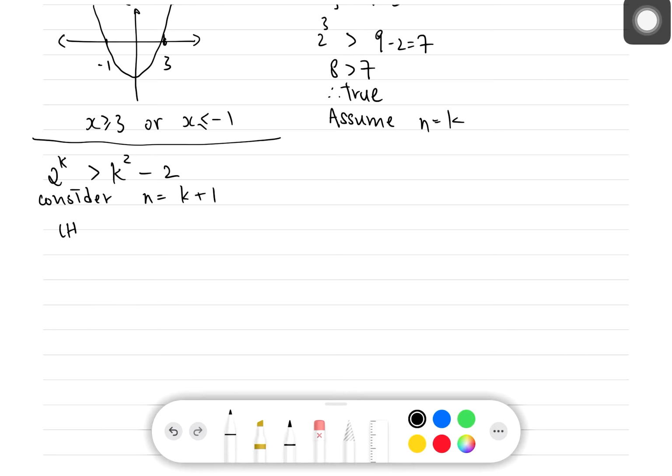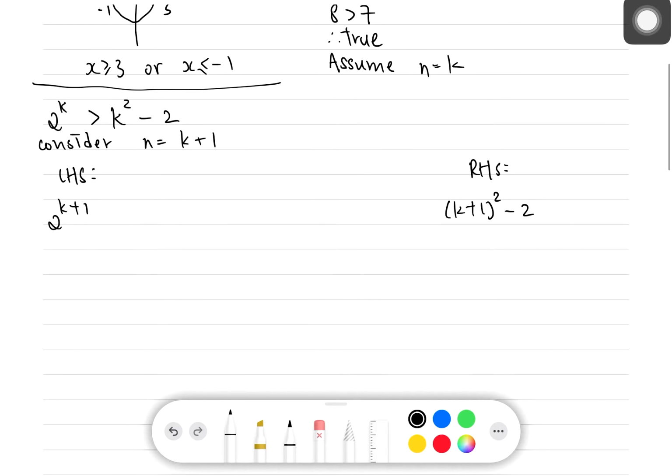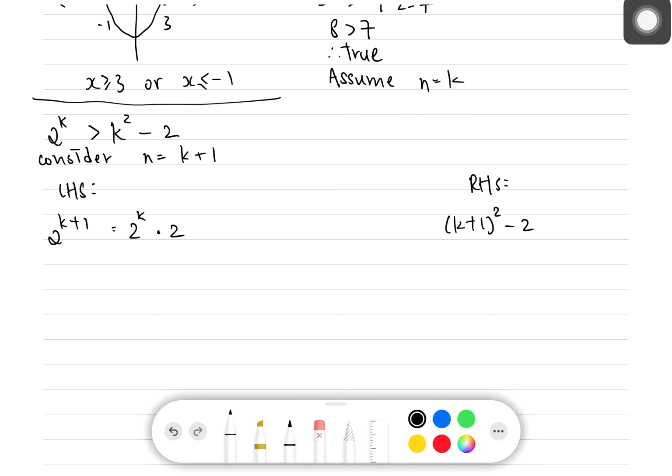For our left-hand side, we have 2^(k+1). Let's put our right-hand side here: (k+1) squared minus 2. 2^(k+1) can be rewritten as 2^k times 2, because we know that 2^k is greater than k squared minus 2, as we got above.